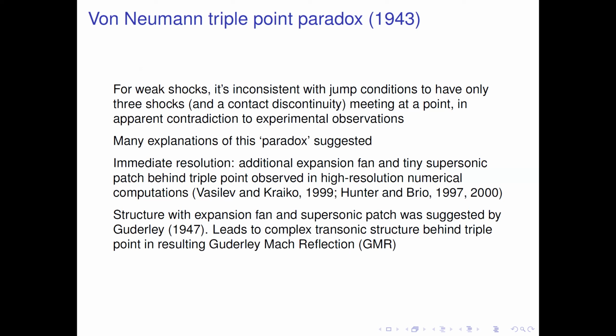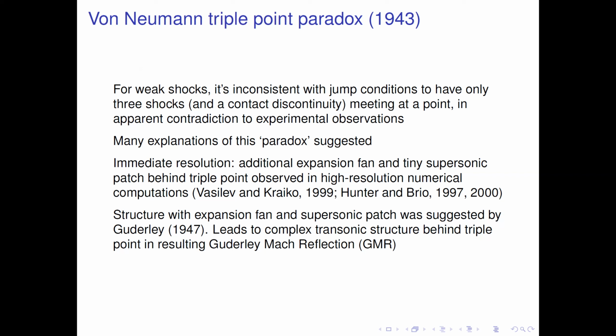So there's actually what's called a contact discontinuity as well from the triple point, where the entropy and the tangential velocity jump. But for weak shocks, that contact discontinuity is very weak, third order in the shock strength. So those things will go away in the equations I'm going to show you.